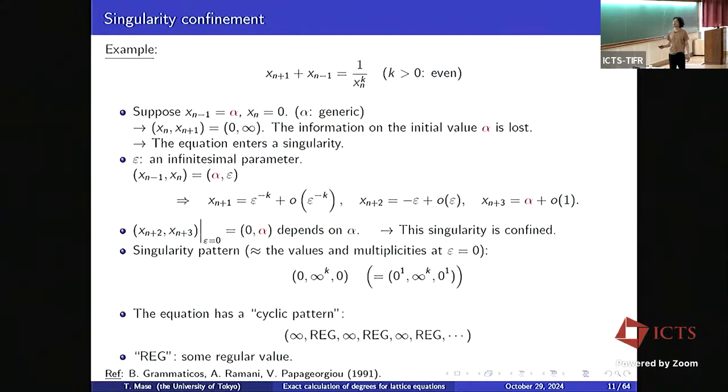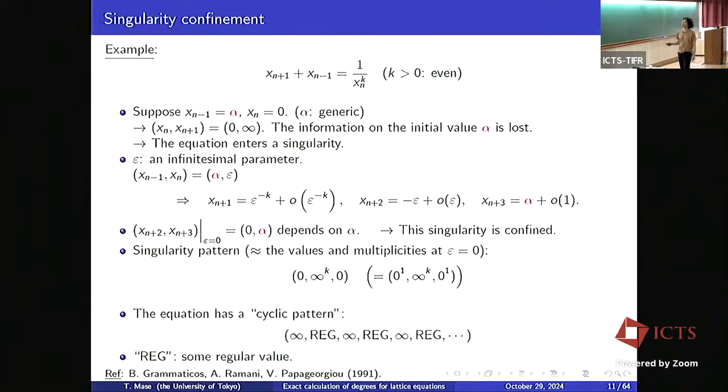And what happens after that? Let's introduce an infinitesimal parameter epsilon and start from this initial value. Then x_{n+1} is epsilon to the minus k, and x_{n+2} is minus epsilon. And a miraculous cancellation happens here, and x_{n+3} is alpha plus something. The lost information on alpha is recovered. That's why this singularity is said to be confined. So this pair has 1 degree of freedom.